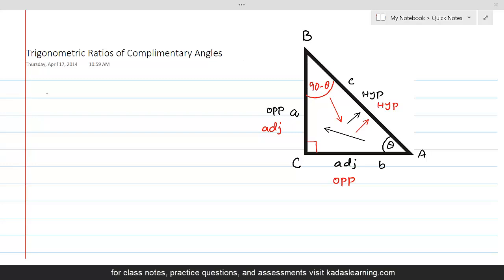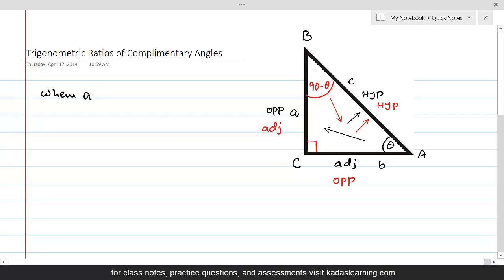But when we change the angle under consideration from theta to 90 minus theta, the opposite will change and so will the adjacent. So let us define separately the trigonometric ratios when angle theta is under consideration and when angle 90 minus theta is under consideration.